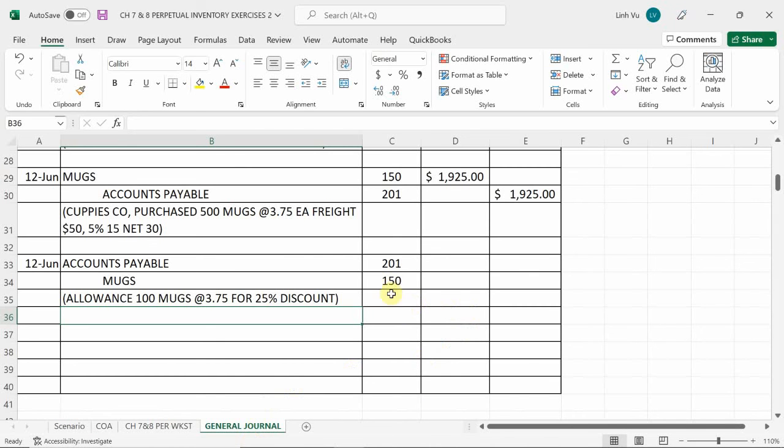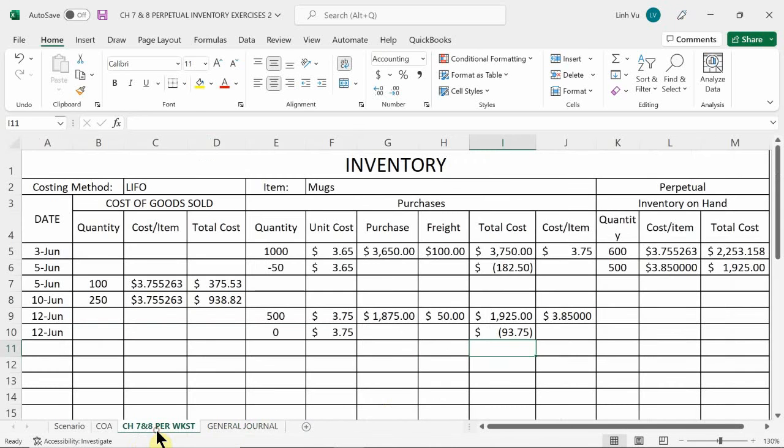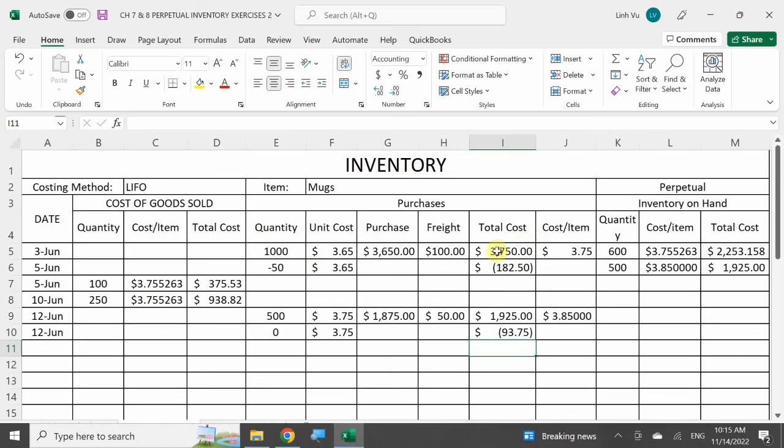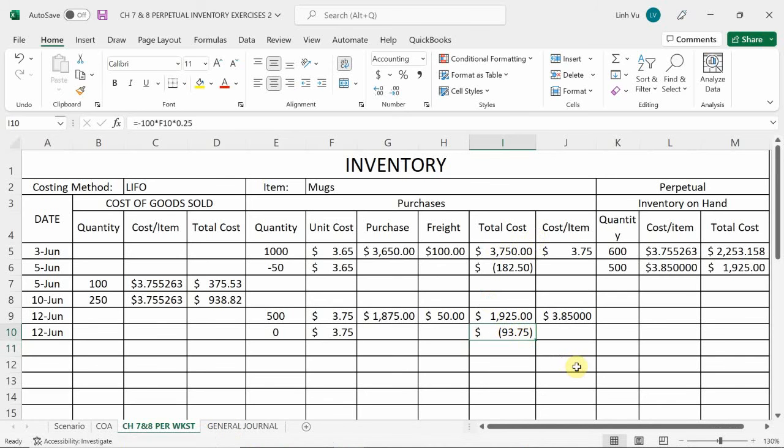So again, if you manually calculate that, 100 times 375 will give you 375, right? And then 375 times 25% will give you $93.75. But I have to make it negative to show that I'm taking the discount, right?